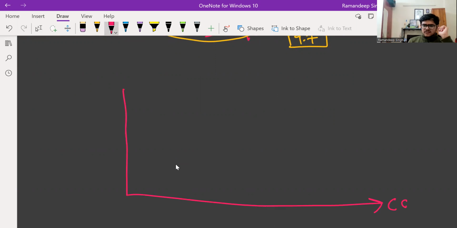This is CGPA and this is salary, or say LPA. Okay, this is 4, 5, 6, 7, 8, 9, and on this axis we have, let's say, 4, 8 and 12 LPA.